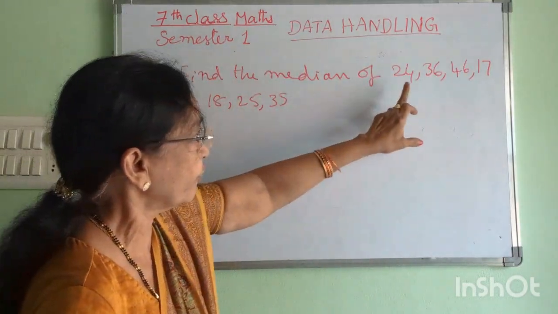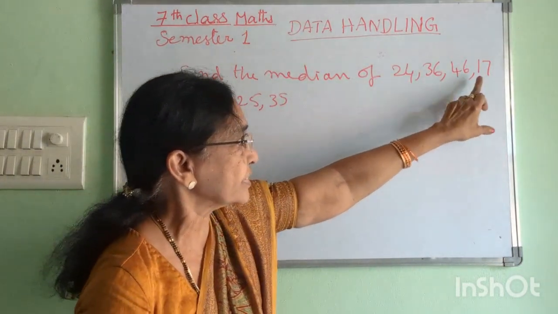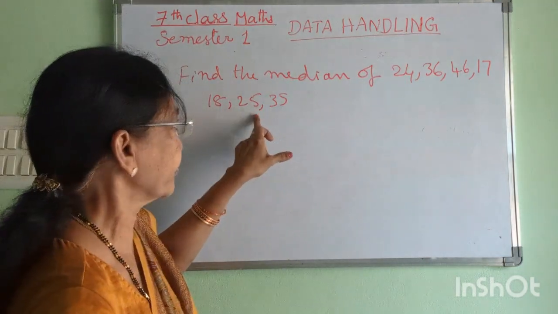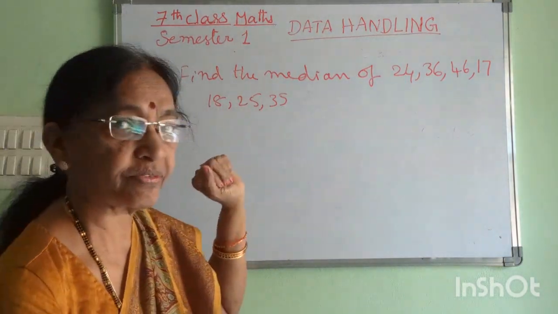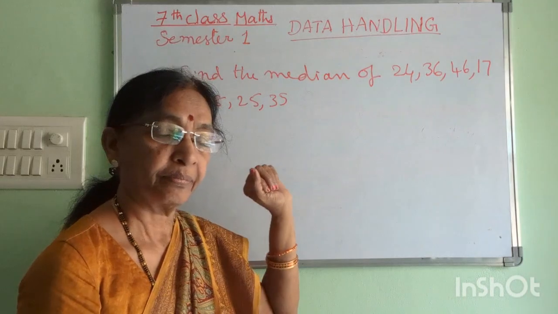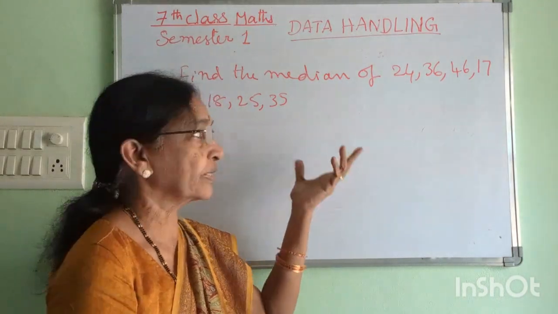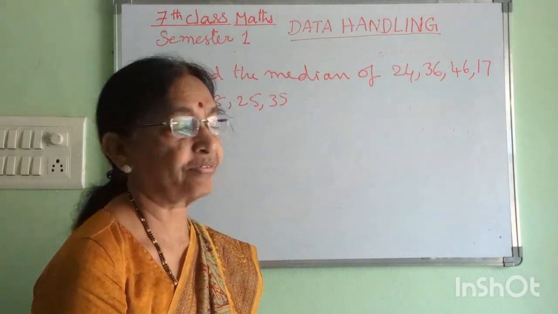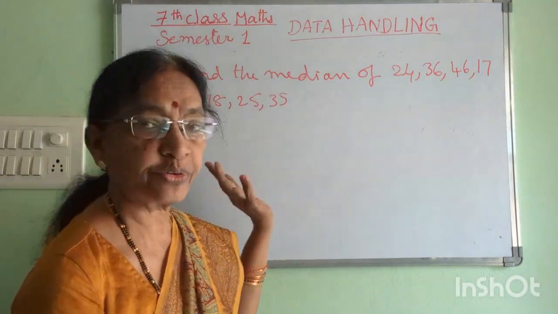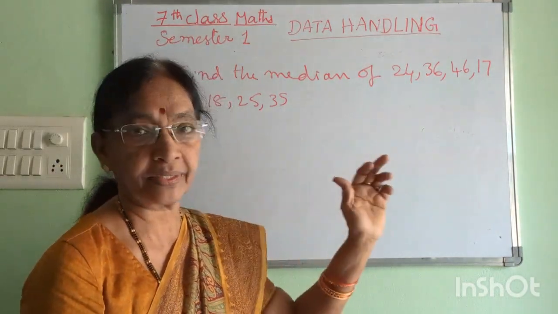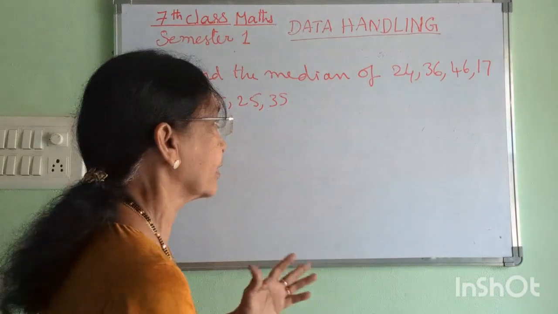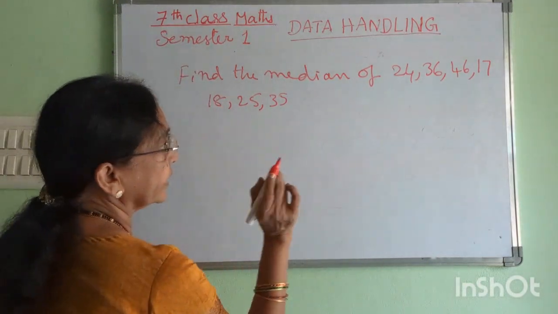Find the median of 24, 36, 46, 17, 18, 25, 35. There are 7 observations. Median is generally taken for an odd number of observations. So first we have to write them in an order, either increasing or decreasing. We will write in increasing order.